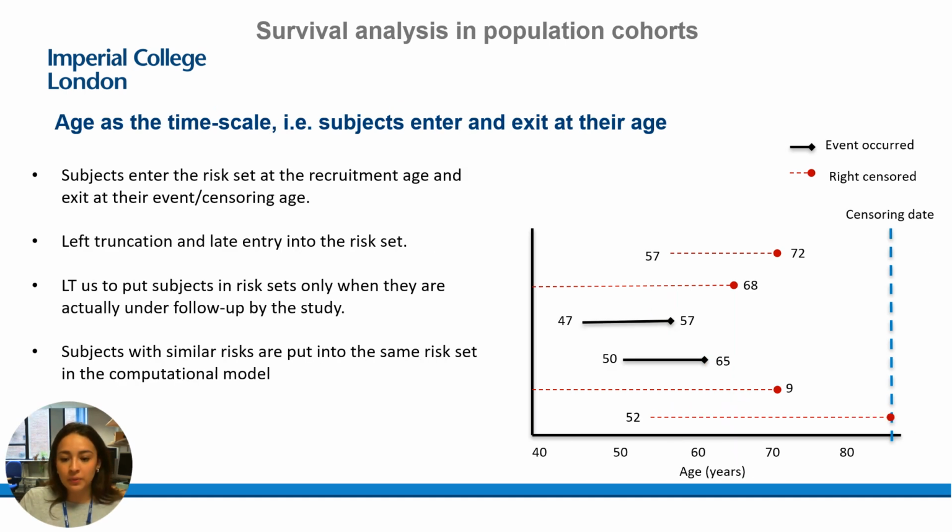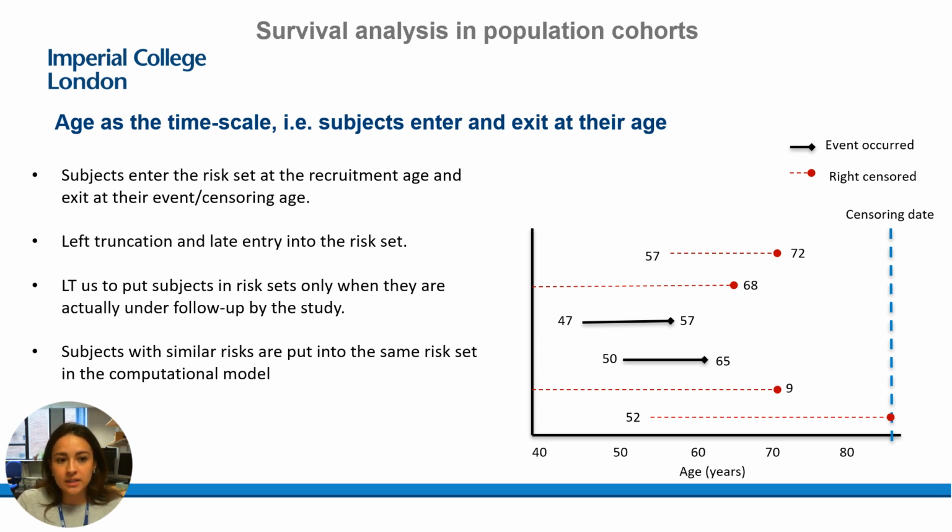Okay, so let's briefly have a look at how much our results, or how much our model, would change if we were to use age instead of time on study as the timescale in our survival analysis. Using age as the timescale, subjects enter the risk set at the age when they enter the study and exit at their event or the censoring age.